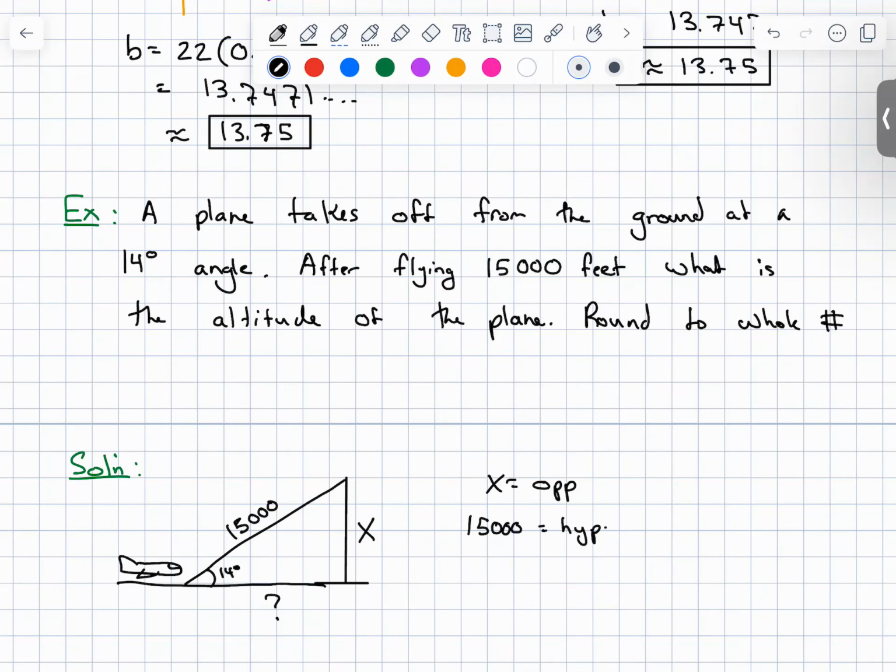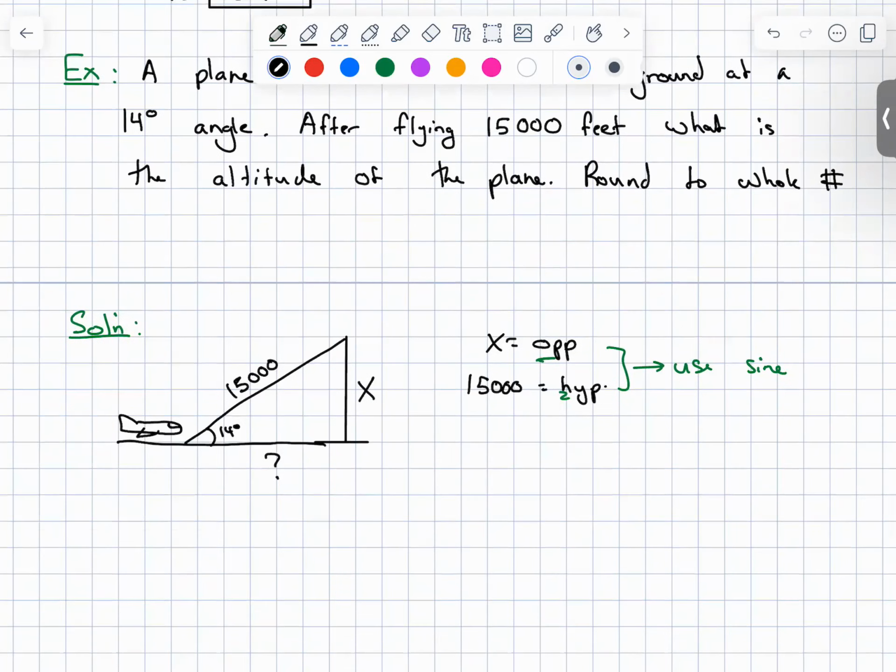So we have opposite and hypotenuse. Which trig ratio? Sine. SOHCAHTOA. Sine is opposite over hypotenuse. Use sine. So sine of 14 degrees is equal to opposite x over hypotenuse 15,000.